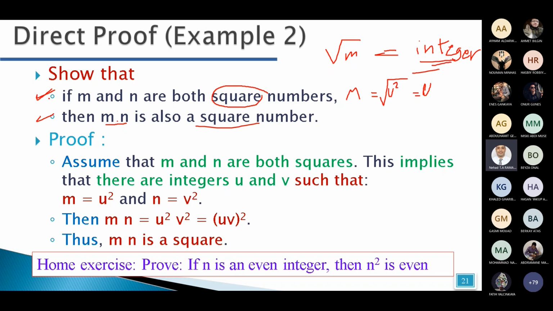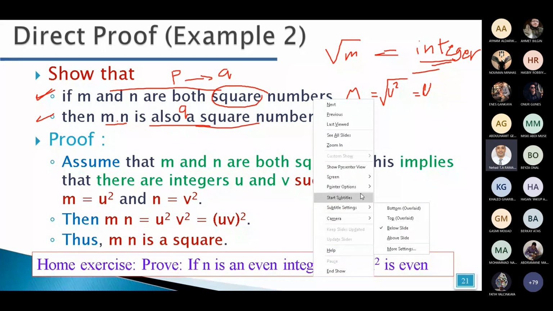So we have to start from this one, P, to get Q. This is a direct mathematical proof.